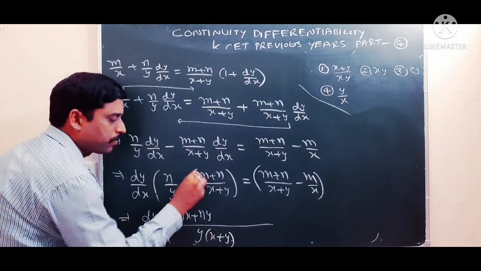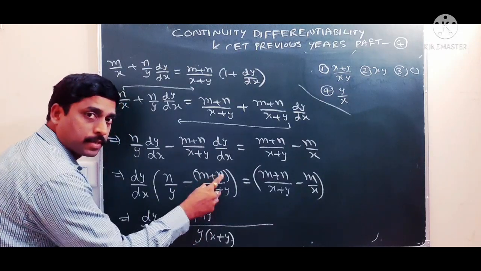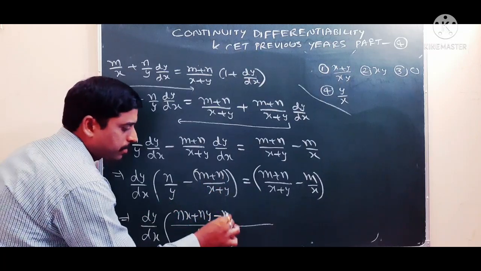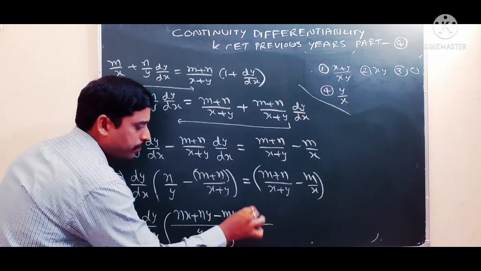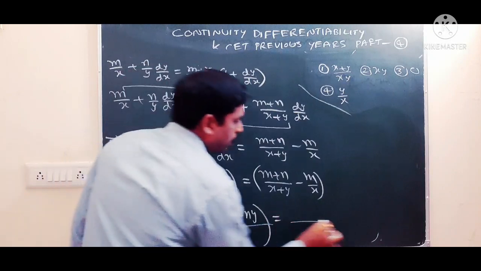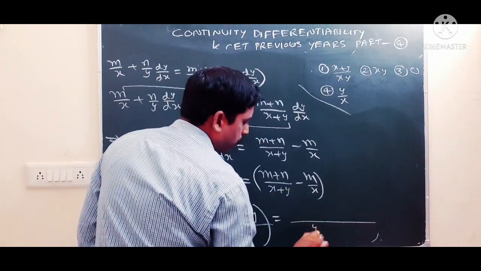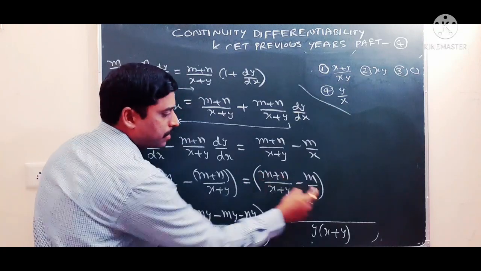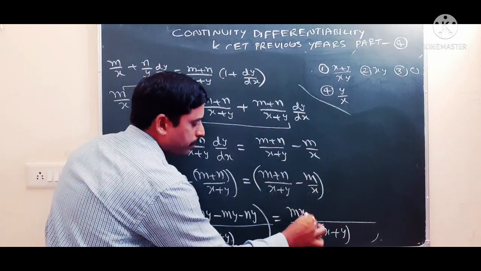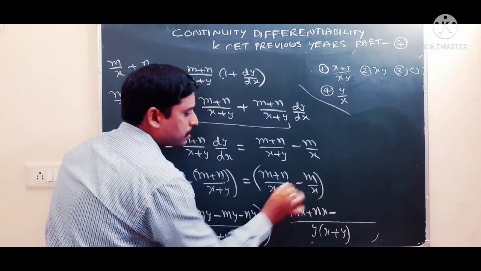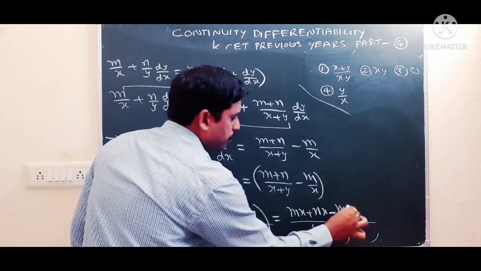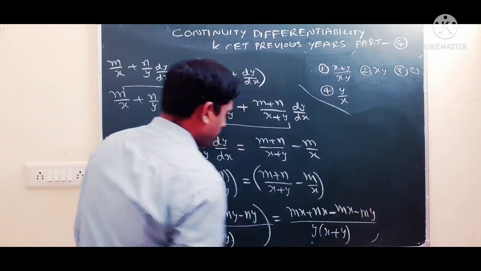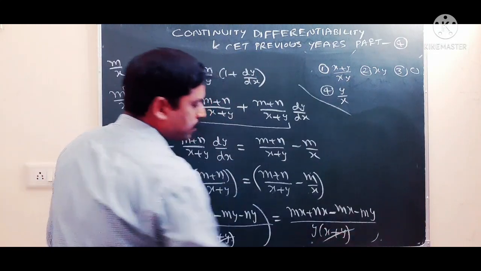This is minus of (m plus n) multiplied with y, minus my minus ny. On the right side, LCM is y into (x plus y): (m plus n) into x, mx plus nx, minus mx minus my.